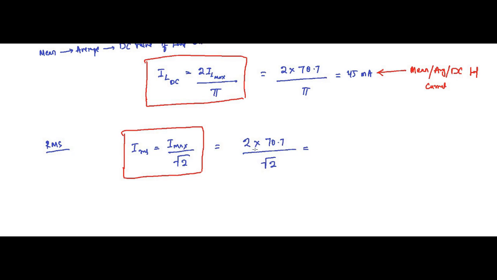By mistake I have written it. 70.7 divided by root 2, and that is equal to, it is coming around 50 milliampere. This is the RMS value of load current. Okay, this is the RMS value.